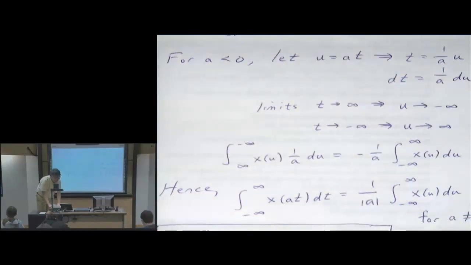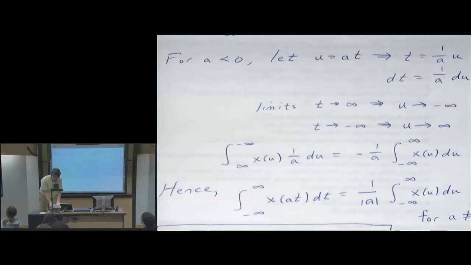Secondly, we can do the case when a is less than 0. When a is less than 0, we can do the same kind of variable substitution, but the limits go to different values. When t goes to infinity, u goes to minus infinity because a is negative, and when t goes to minus infinity, u goes to infinity.